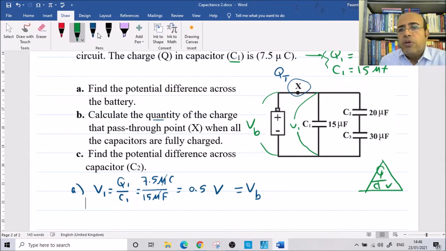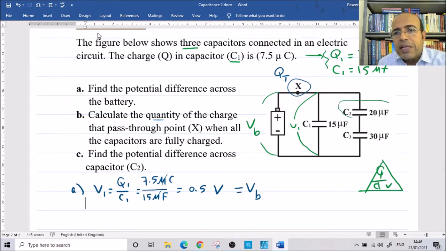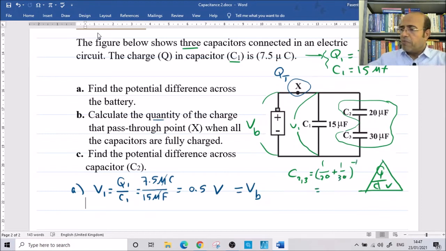First of all, we calculate the total capacitance of C2 and C3. They are connected in series, so we write 1 over 20 plus 1 over 30, all to the power -1. By using the calculator, this becomes 12 microfarad.